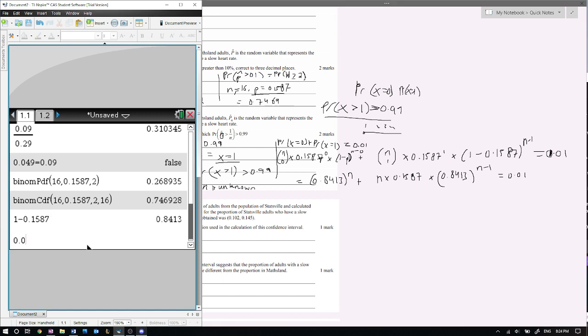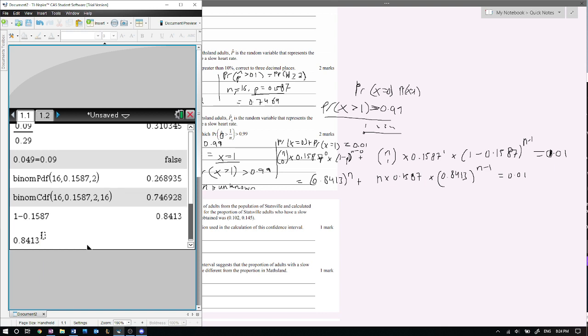So I'm just going to enter that in now. To the n plus, to the 1, or to the 1 is already cancelled out, times 0.8413.